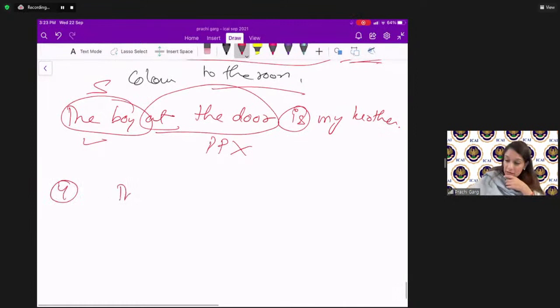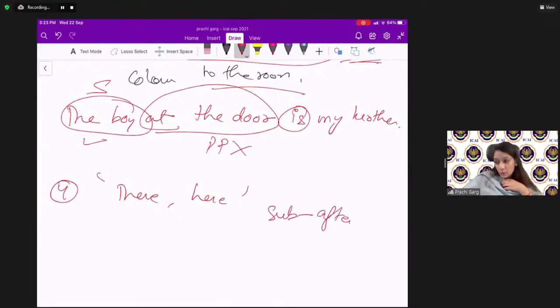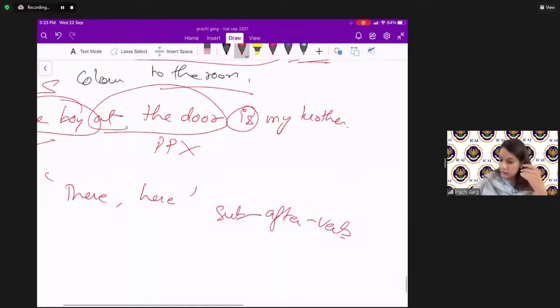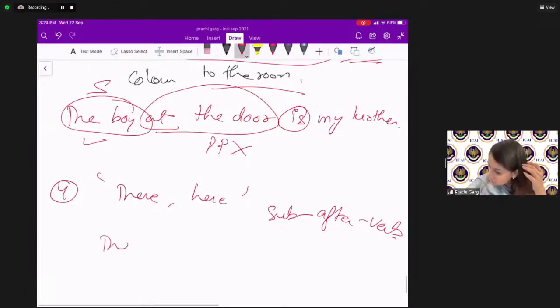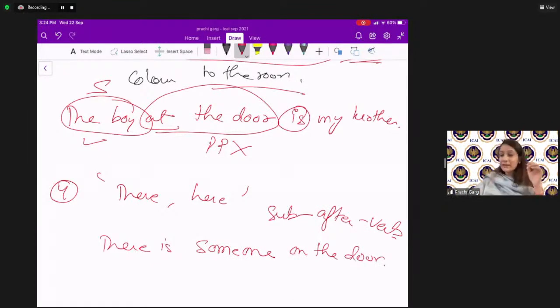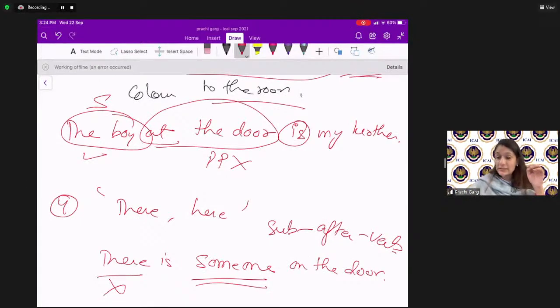Whenever a sentence starts with there and here, the subject always comes after the verb. If I say, there is someone on the door. Now, there is not the subject. No, someone is the subject.